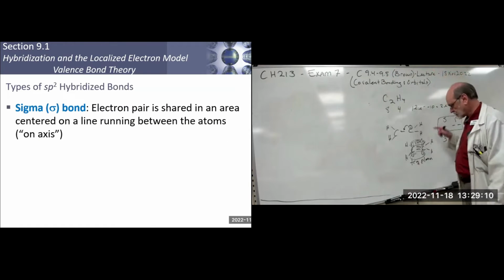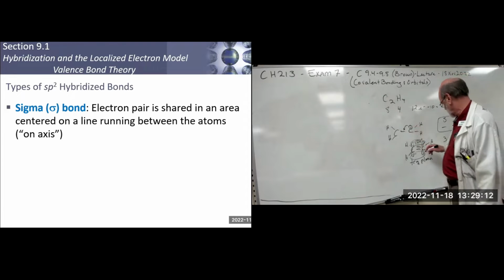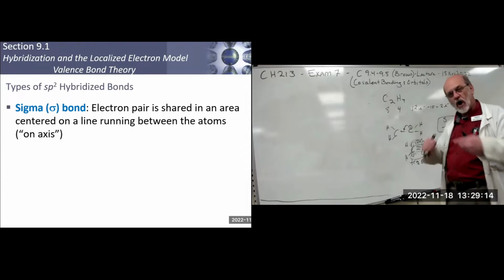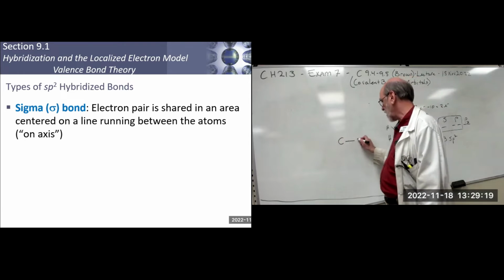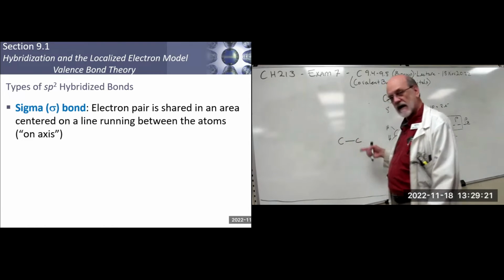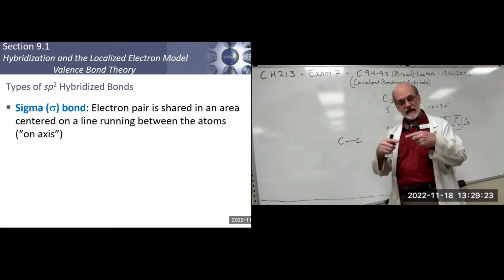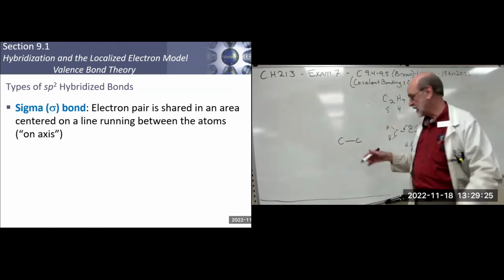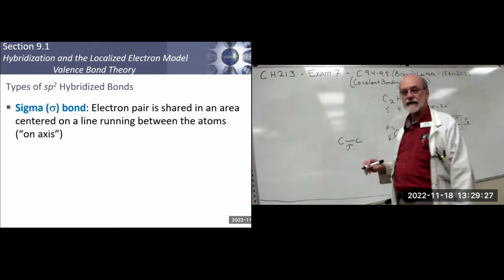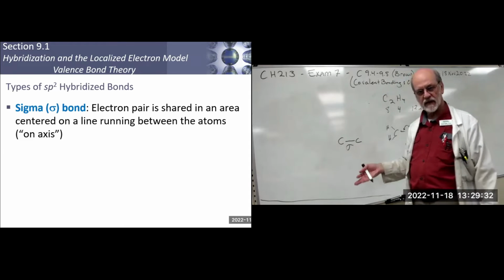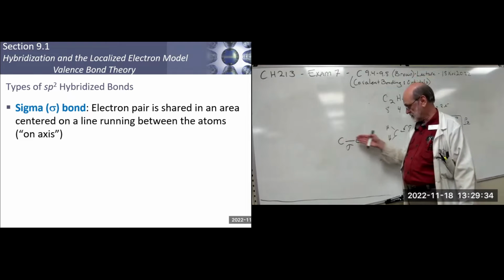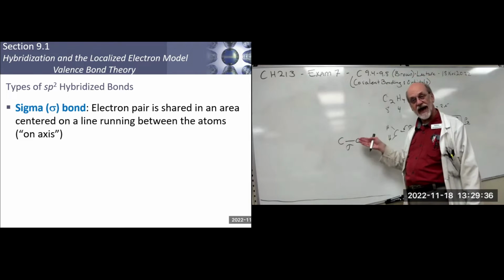Now, we call these bonds that are on axis with the atoms, so if you have a carbon here and a carbon there, then the electron density is between the atoms. And this is a sigma bond. That's a small letter sigma, Greek letter sigma. And the electron density is on axis.